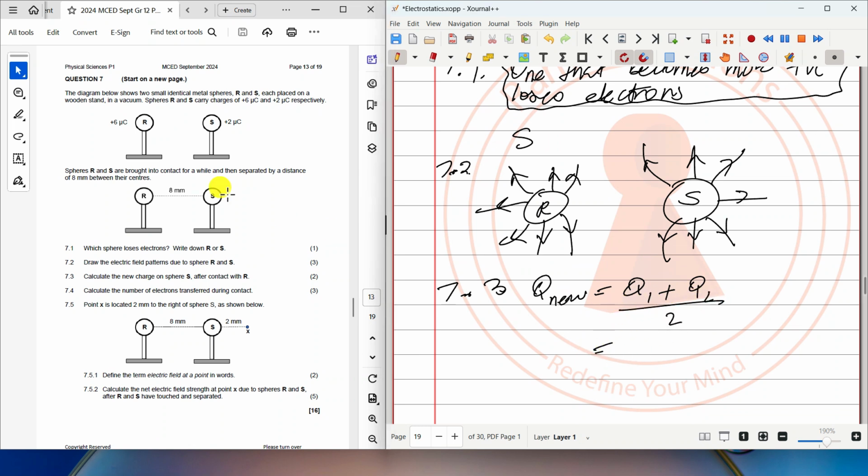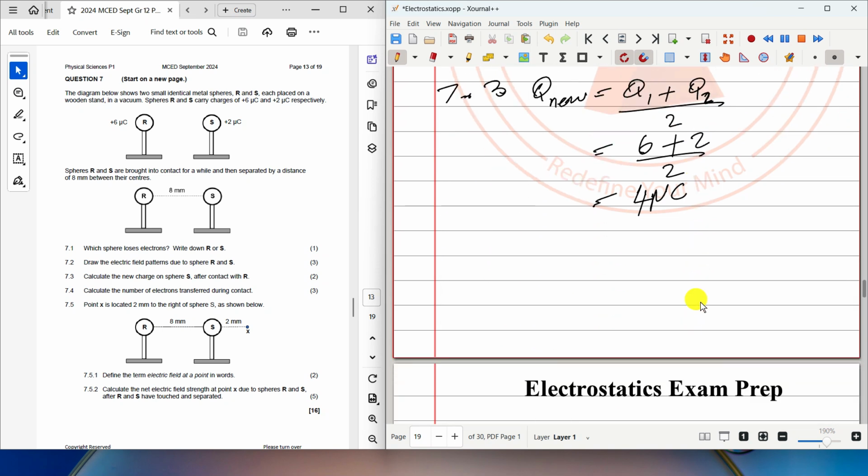So one, let's call it R, is 6 microcoulombs, and the other one is S with 2 microcoulombs. So this is 8. 8 over 2 is 4. So our answer is 4 microcoulombs. So the new charge of sphere S will be 4 microcoulombs.